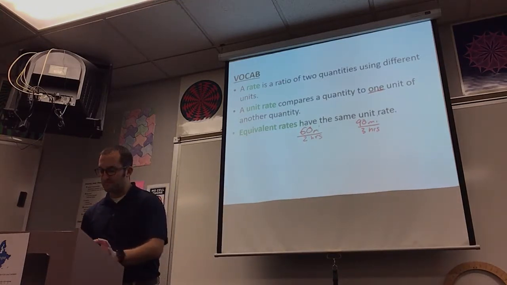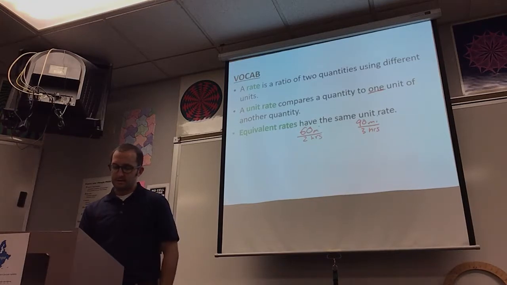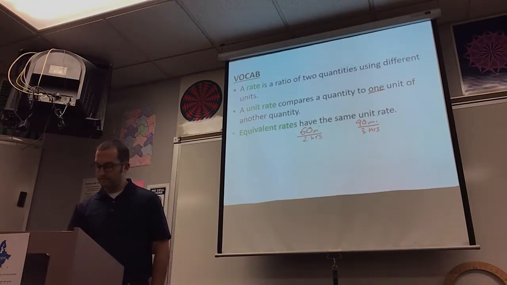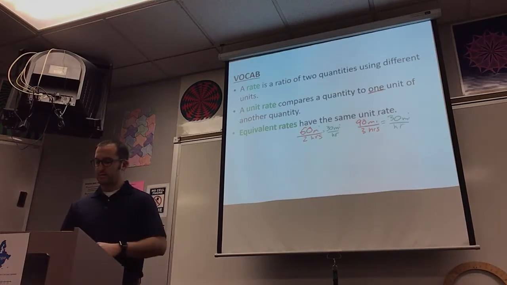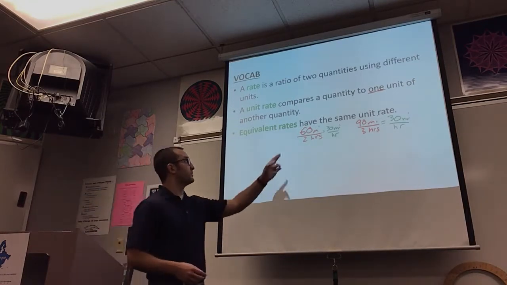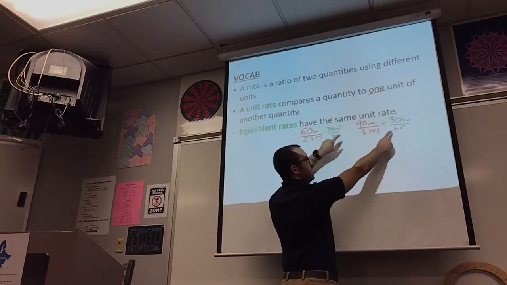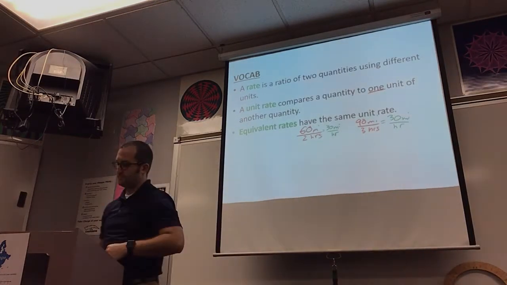Because if you simplify them both, right? What would the first one simplify to? 30 miles per hour. What would this one simplify to? 30 miles per hour. So these two would be equivalent rates because they have the same unit rate. That's important for us. Okay?